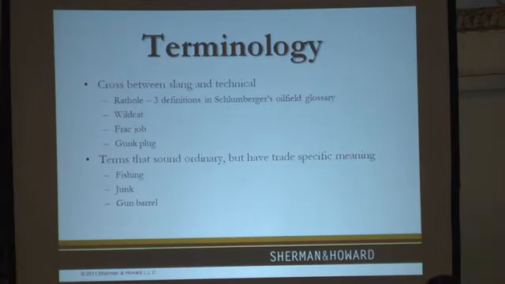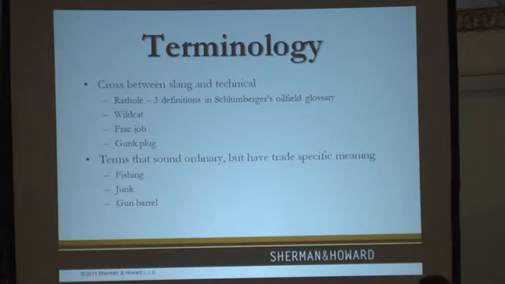Wildcat sounds like a slang term, but that's a very entrenched term, as I think has been mentioned here a couple times today: a well that's drilled in an area that hasn't been proven. Frac job, that's hydraulic fracturing, which is very, very technical. A gunk plug, that's bentonite or some sort of mud that's put into the hole to plug a hole.